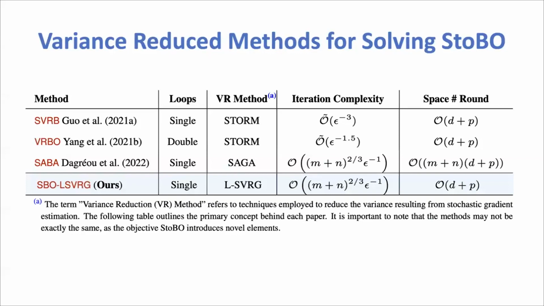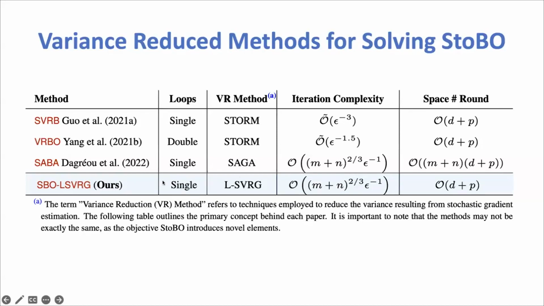So for this, we list the variance-reduced methods for solving SBO. Before our work, the state-of-the-art method is SABA. It achieved the optimal complexity. However, to reduce the variance involved, it needs extra space to store external variables.